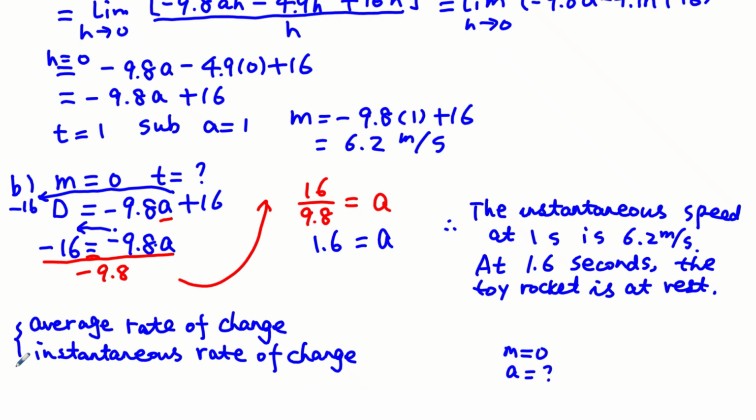So this is what you need to know, the learning goal for today. From the word problem, figure out which one you are looking for, average rate of change or instantaneous rate of change, and apply the formula accordingly. And if the instantaneous rate of change is given, then you set up the equation and find the time, the input.